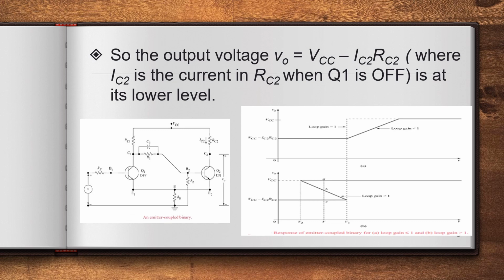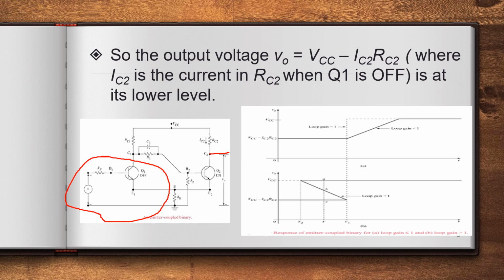So the output voltage, now we are taking the output at the collector of the second stage. All this circuit is now disconnected, as Q1 is off. This part of the circuit is disconnected.